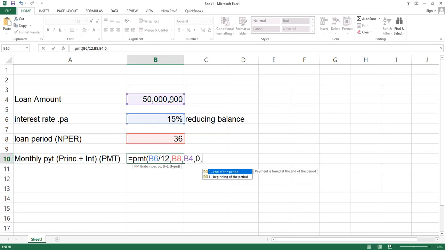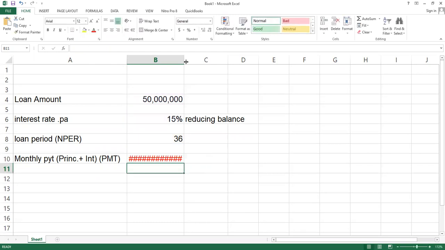Okay. Then payment is timed at the beginning of which period? So I can also put 0. Okay. Then I close my bracket. So once I close and I press enter, of course, it is going to bring me my monthly payment.